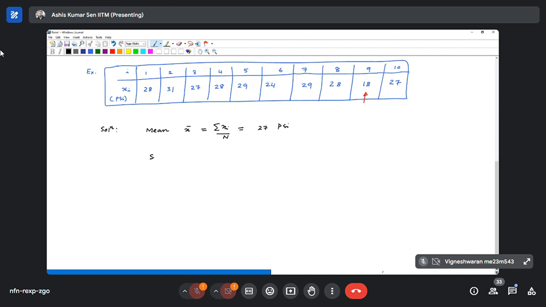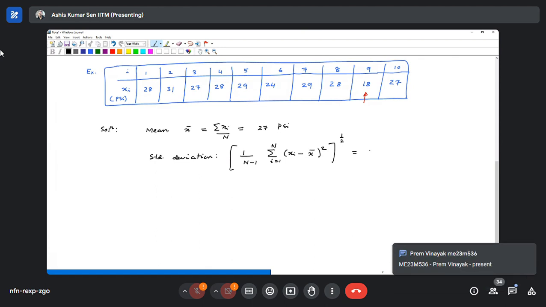You can also find the standard deviation, which comes out to be 3.8 psi.